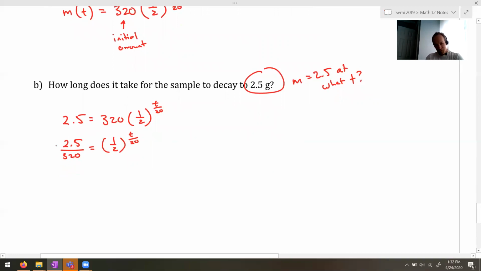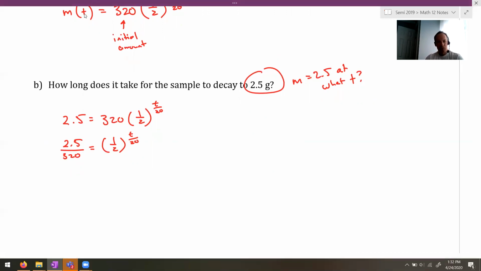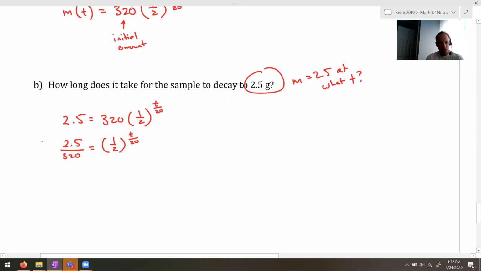So can you divide the top and bottom by 2.5? If you can do that, that's going to be pretty handy. So I'm going to try and divide the top and bottom by 2.5. Okay, that's going to make this equal to 1. What's 320 divided by 2.5? I think what I'd prefer to do is I'd actually prefer to do it this way.